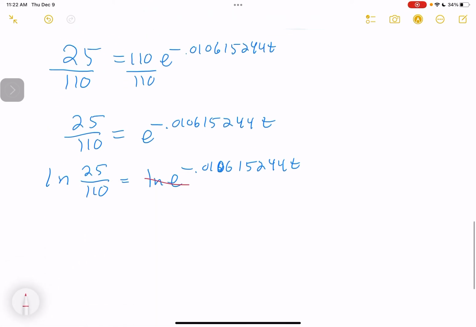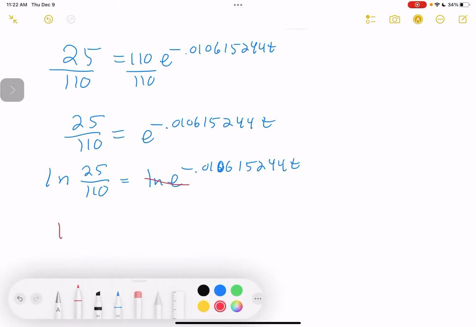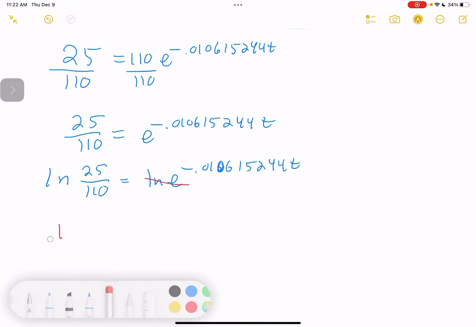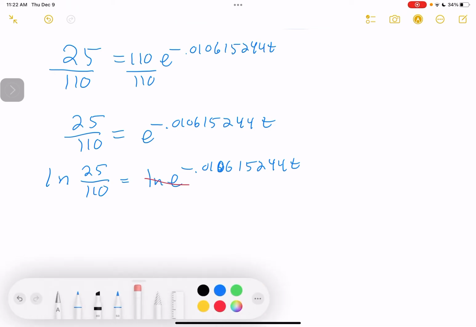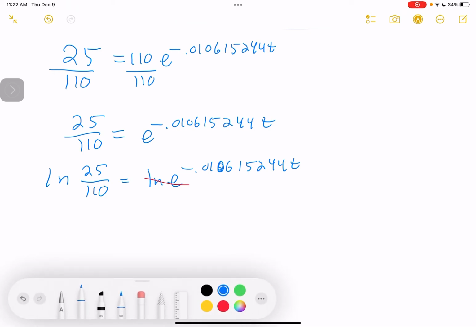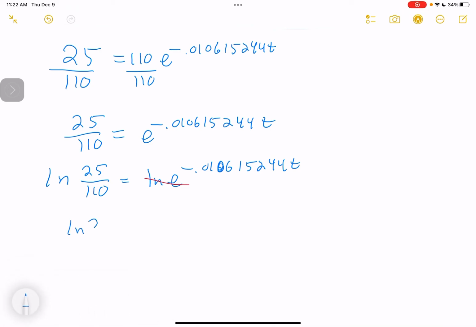The natural log undoes it, basically. So we'd have the natural log of 25 over 110 equals negative 0.010615244 t.